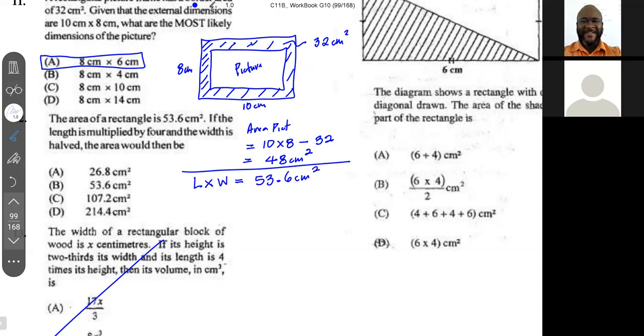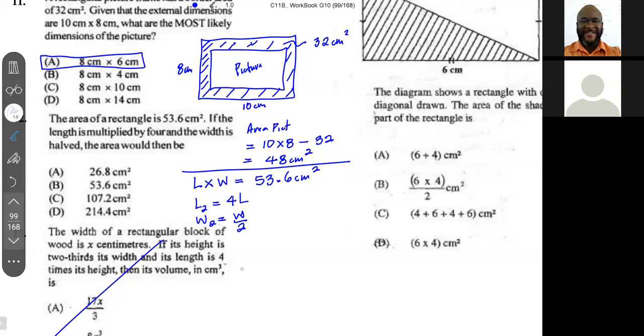square. Next, we are told that the length is multiplied by 4. So the new length, the second length, would be 4 times L, which is 4L. Now, the width is half. So the new width would be what? W over 2, because we're told that the width is halved.